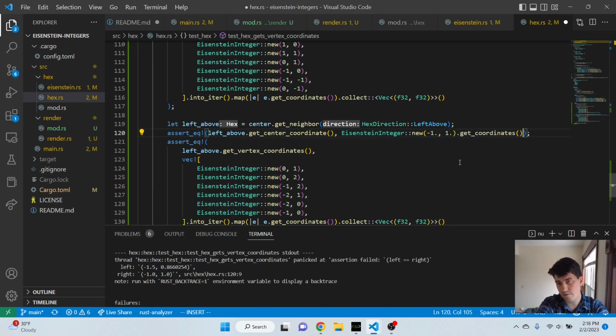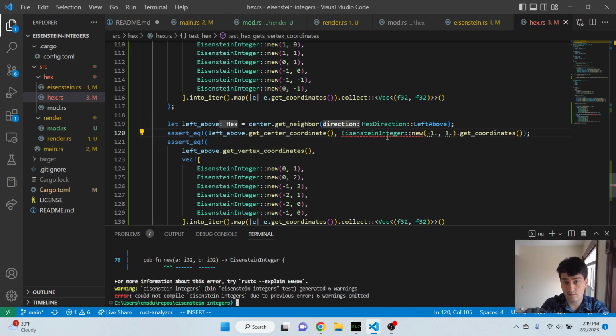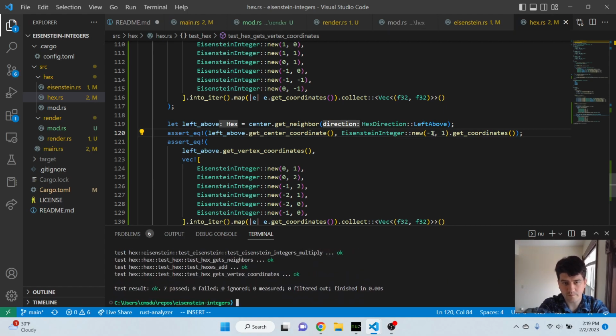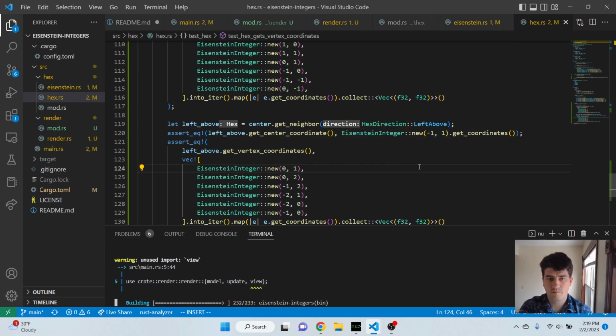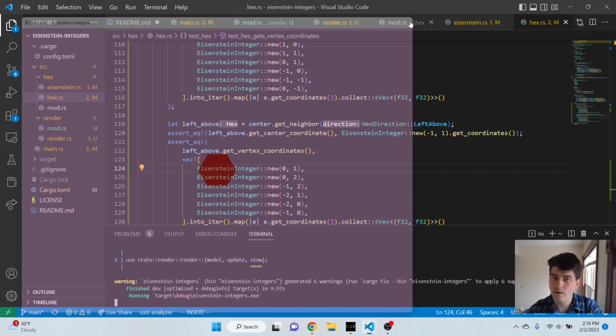Get coordinates. Okay. Cargo run. There we go. We have a hexagon.